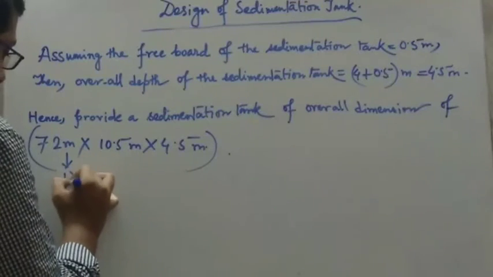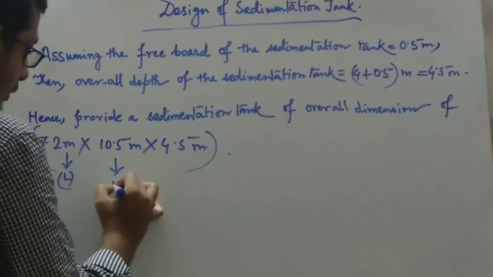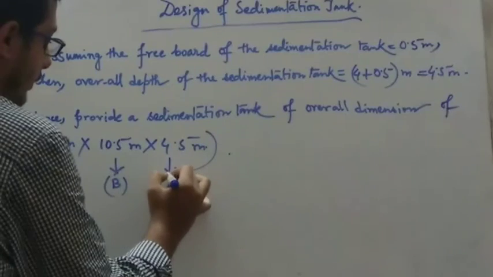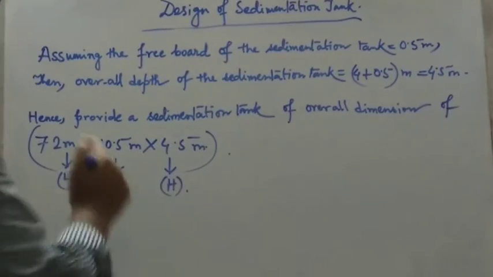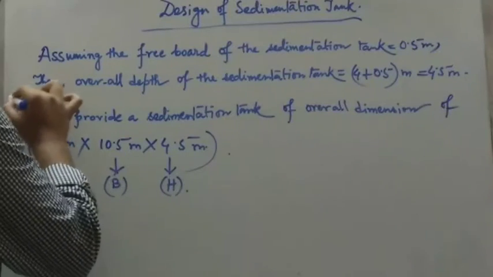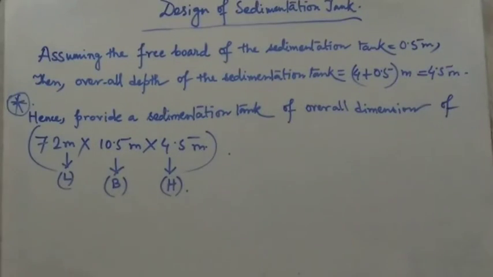So this is actually length, this is actually breadth, and this is actually depth. So this is the final statement of the design, that you have to provide a sedimentation tank of 72 meter into 10.5 meter into 4.5 meter that can be used for this purpose.